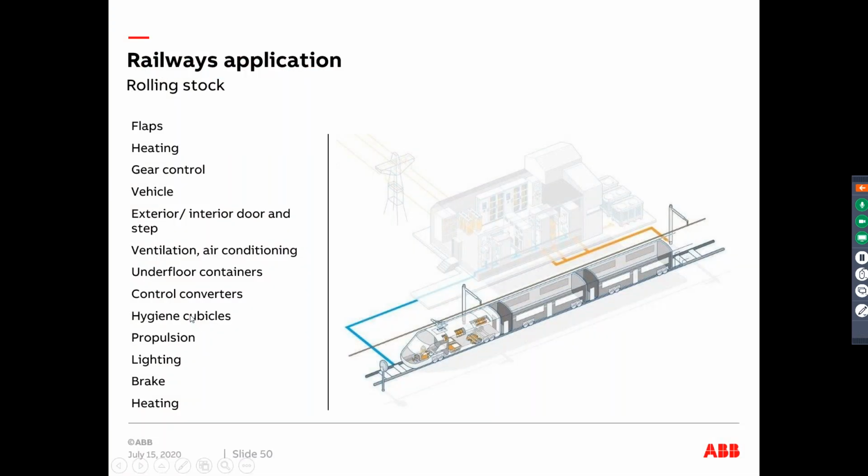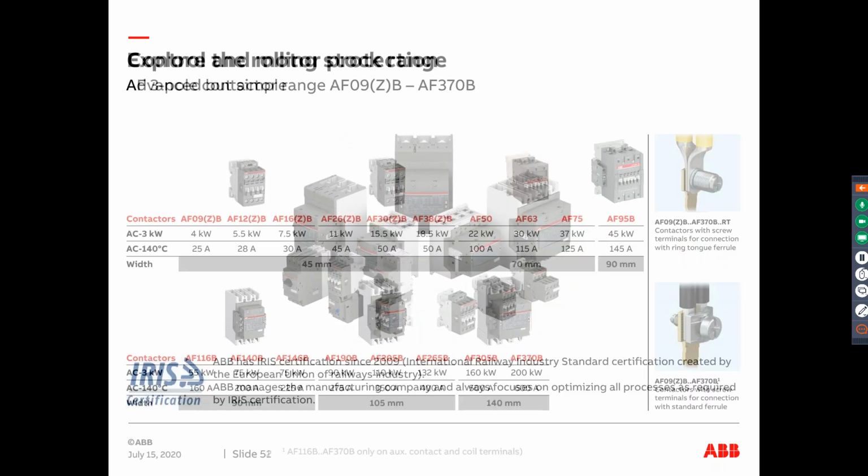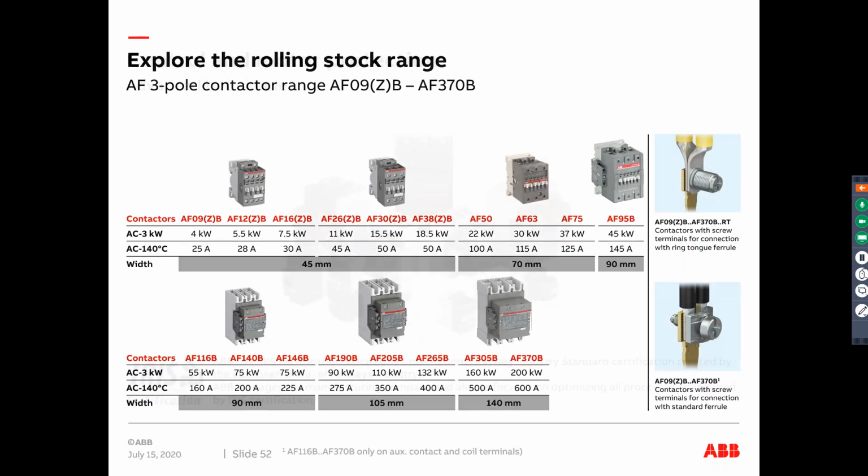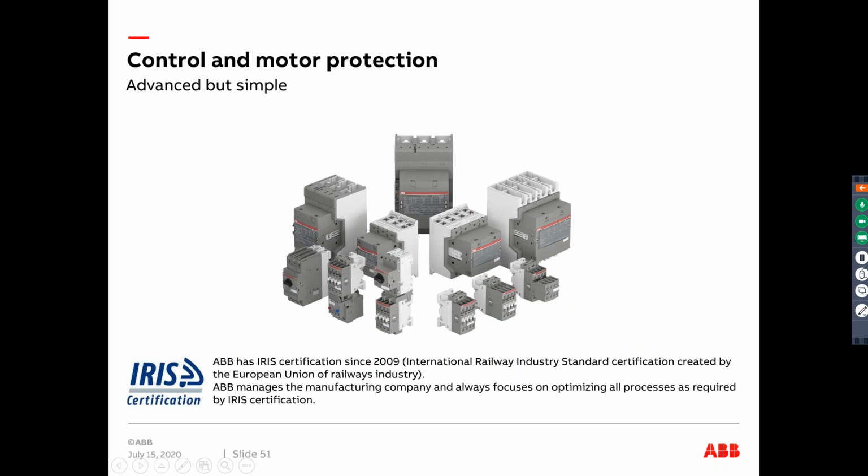We have contactors especially for railway applications. In railway there are lots of vibrations, and the terminals used are totally different. For gate control, heating, flaps, containers, lighting, brakes, everything, you need a contactor, and we have a product for it. This is our entire range.